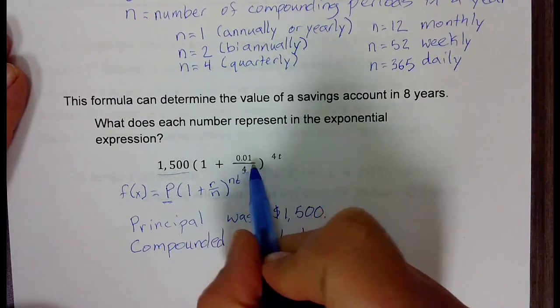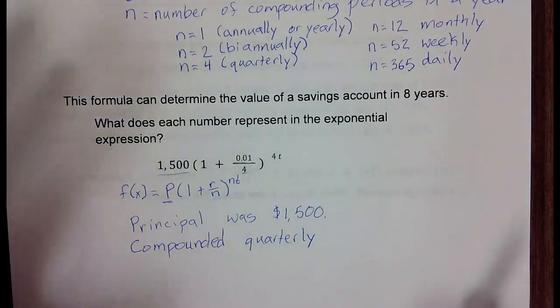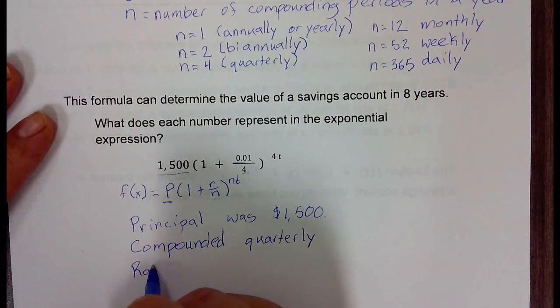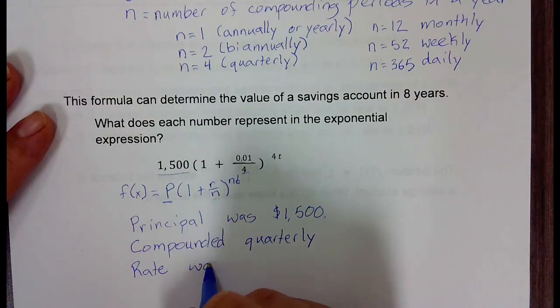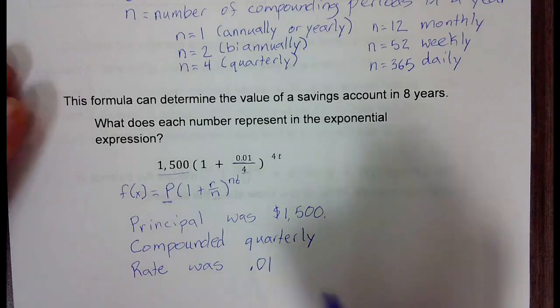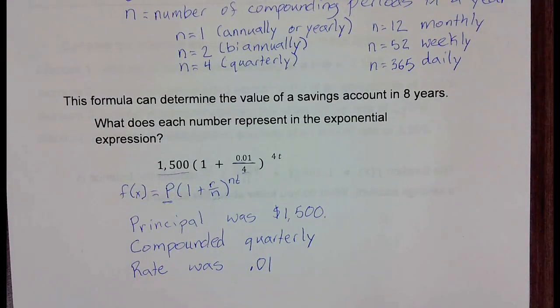And then the rate, which I'm going to have to do a little bit of calculation so I can put it as a percent. The rate was 0.01. I don't want it as a decimal though, I want it as a percent.